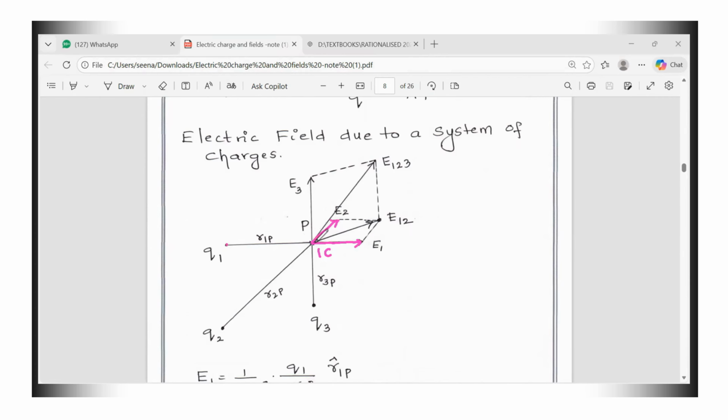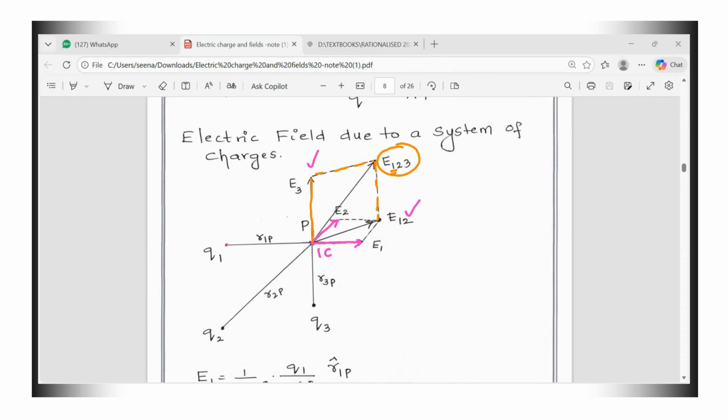But depending upon the distance, more distance means less will be the field. So we need to find the resultant of that. With respect to E1, E2, we are taking the third charge, E3. Now, based on this, again, you need to complete the parallelogram and you will get the total electric field at 1 due to 2 and 3.